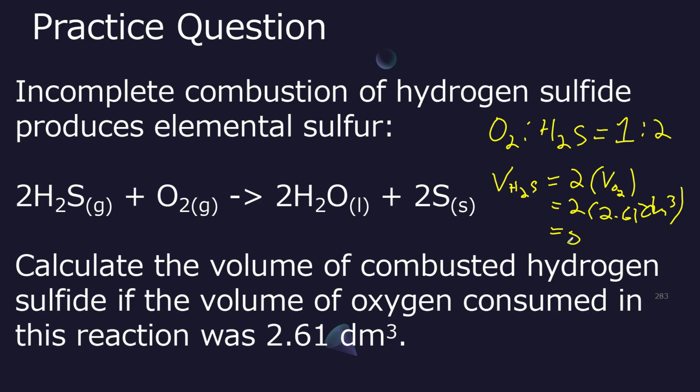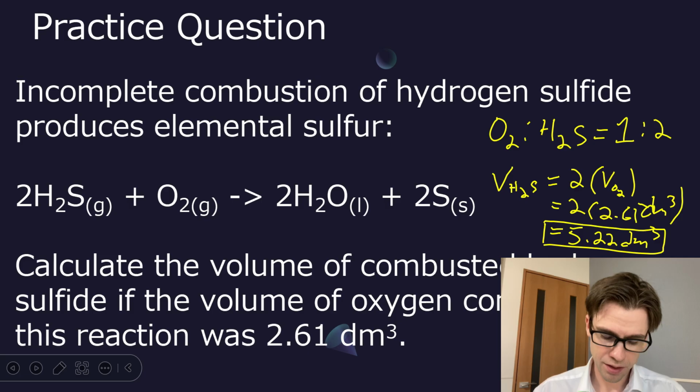So that will give us about 5.22 decimeters cubed of H2S that would react with that much oxygen. Okay, so even though we don't have any gases in the products, we can still answer questions about how the reactants and the starting materials will combine together using Avogadro's law. Okay, very useful.